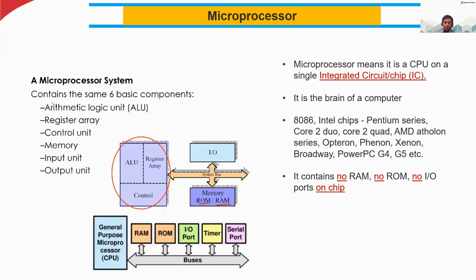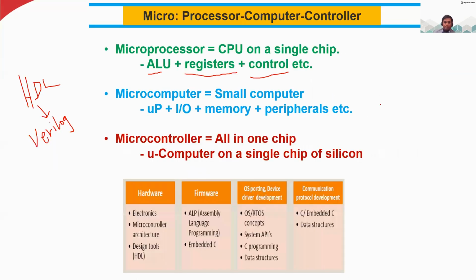All the units and the microprocessor are connected by buses. It can be a system bus or data bus or address bus; there are different types of buses. That's why we call the microprocessor a CPU on a single chip.